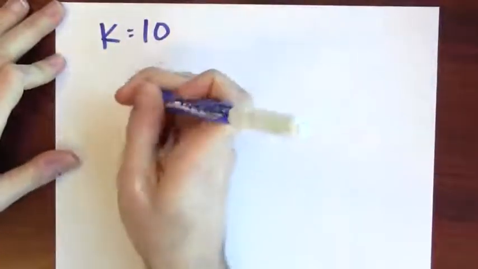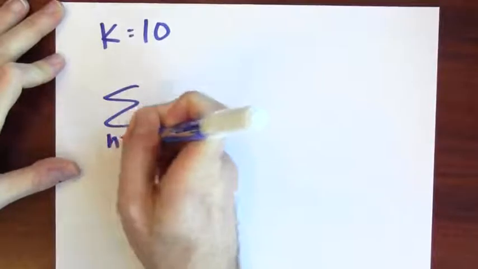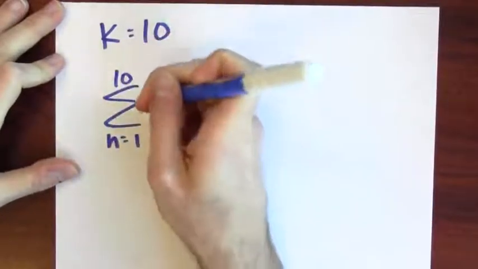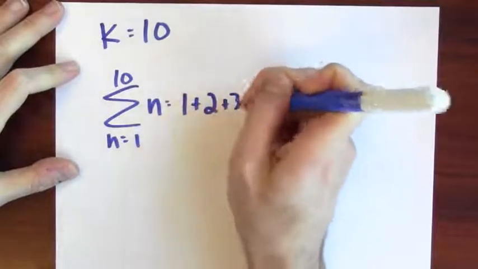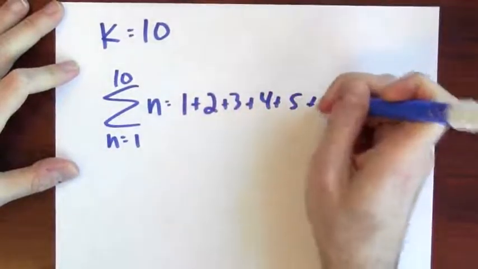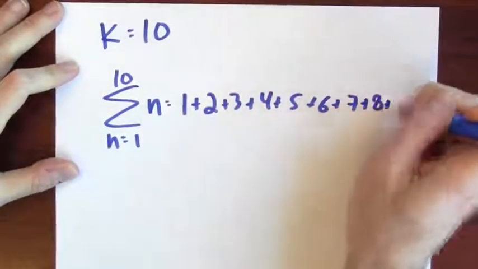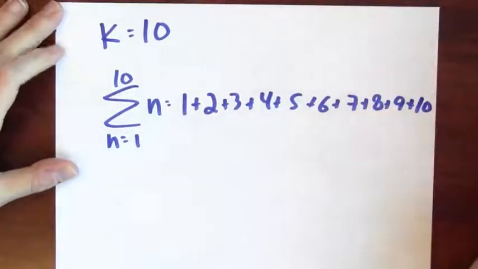And any time that you're confronted with a general problem, it helps to specialize to a specific case in order to gain some insight. So let's set k equal to 10. So I'm just going to do the sum, n goes from 1 to k, which is now 10, of n, which means I'm going to add 1 plus 2 plus 3 plus 4 plus 5 plus 6 plus 7 plus 8 plus 9 plus 10.